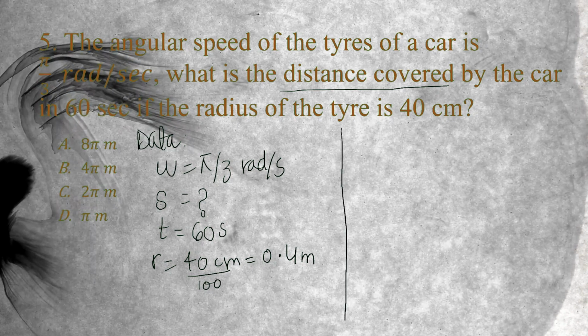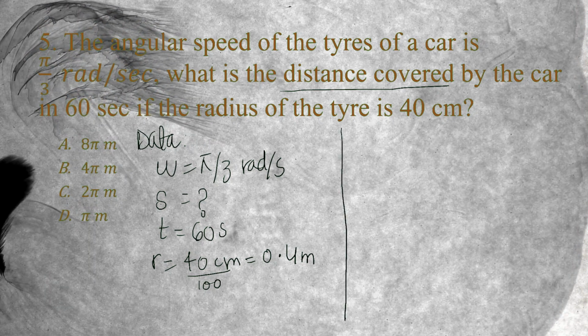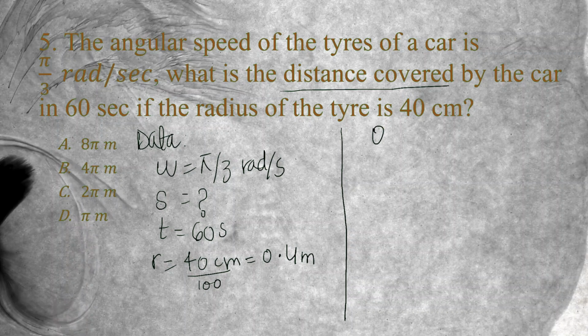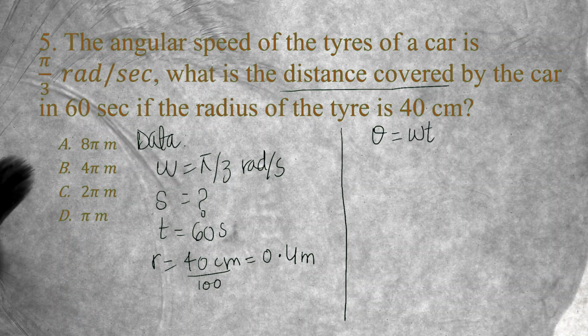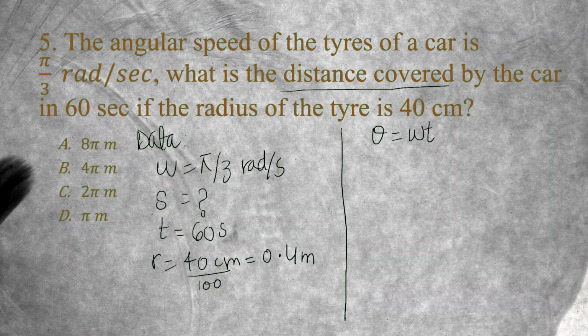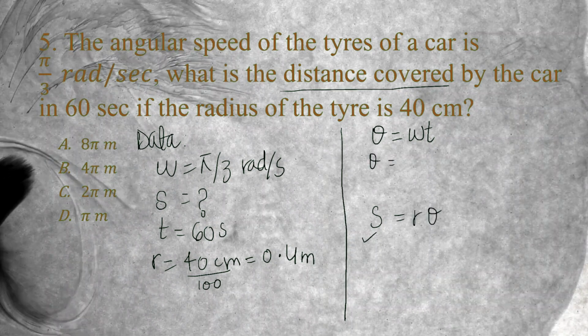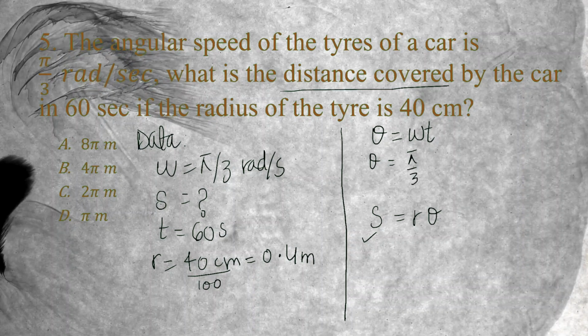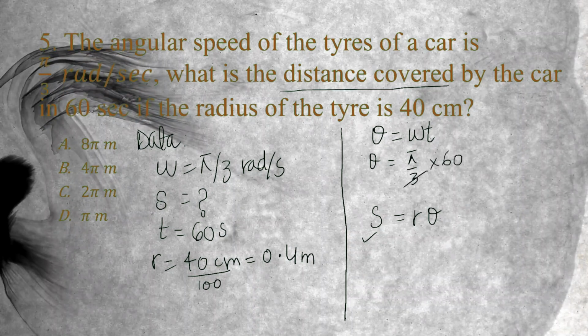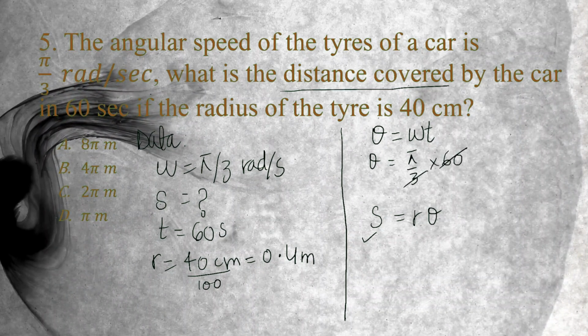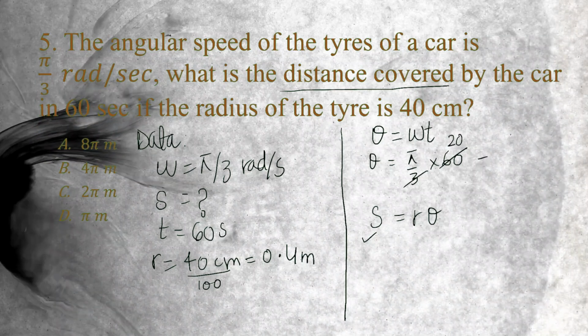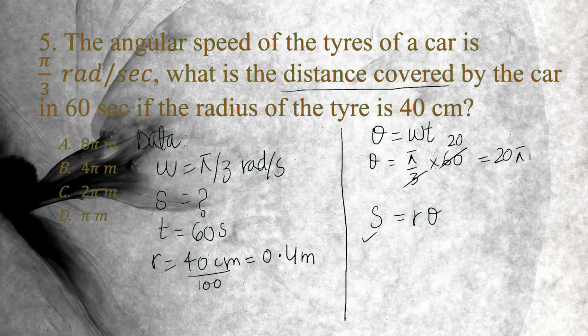So students, we can use the formula theta equals omega t to calculate theta, and then we will use S equals r theta to find out the distance. So omega is given as pi by 3 and the time is given as 60. If you cancel out these two, 3 twos are 6, so it will be 20 pi radian.